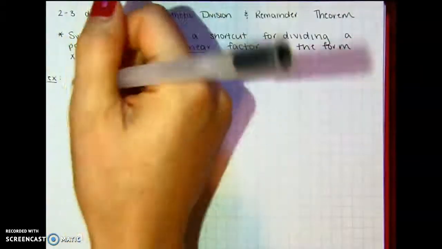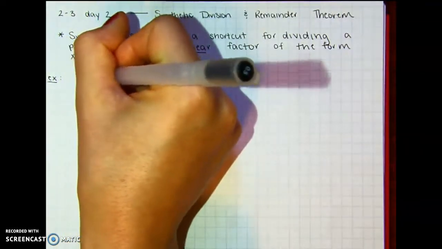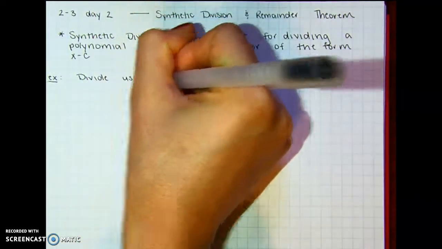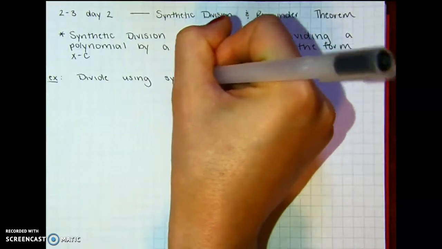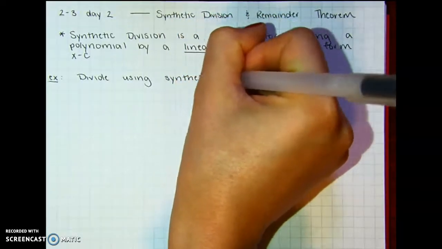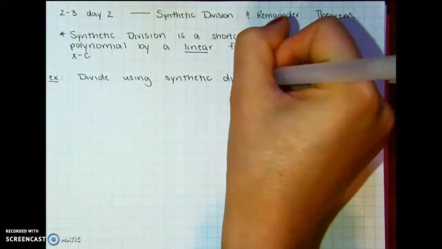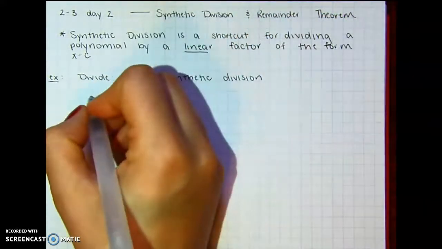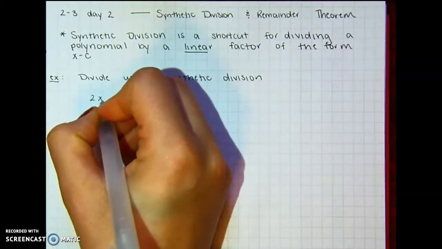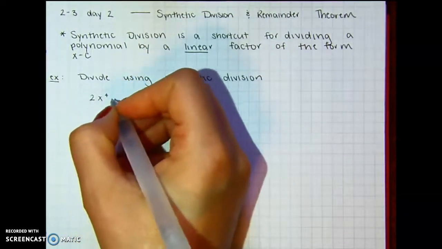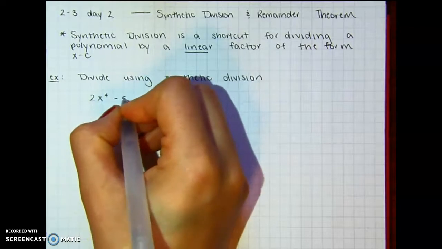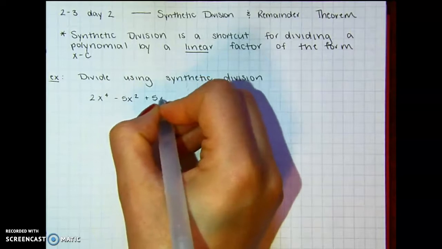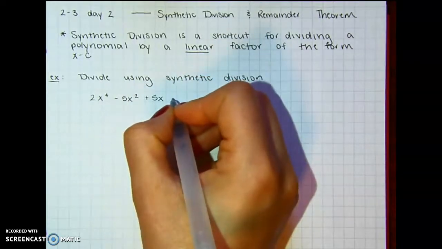So we're going to divide using synthetic division. We're going to divide 2x to the fourth minus 5x squared plus 5x minus 2.